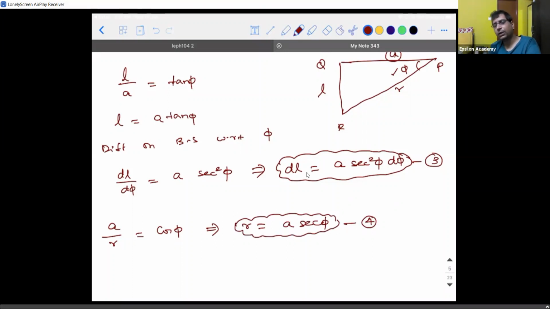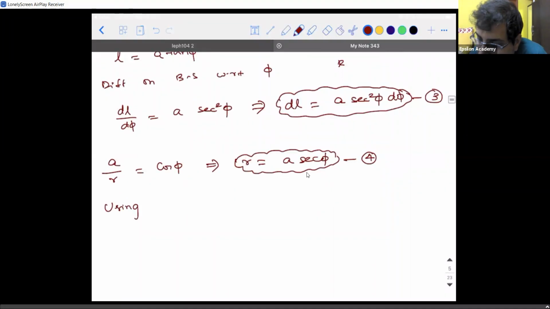Okay. So I will use 3 and 4 into the expression.